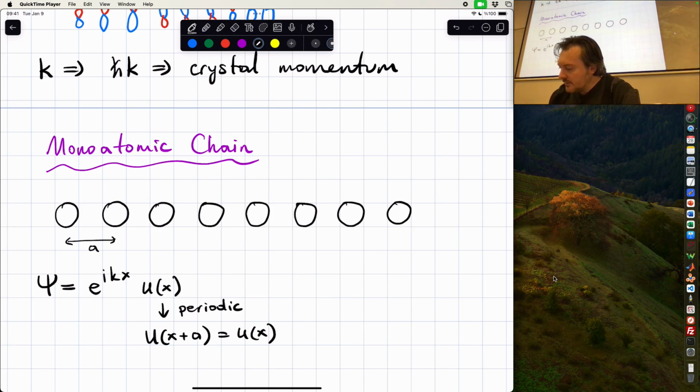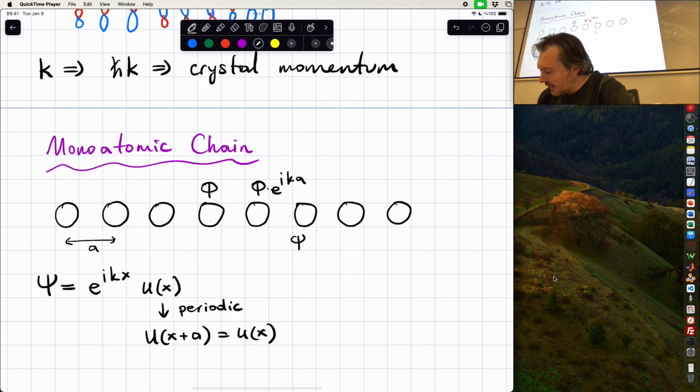It means that if I happen to have some sort of a wave over here that is psi, over here it's, let me call it phi. Over here it's phi times e to the ika. Would you agree with this? Because you have shifted, there's a repeating part and there's a plane wave on top of it.